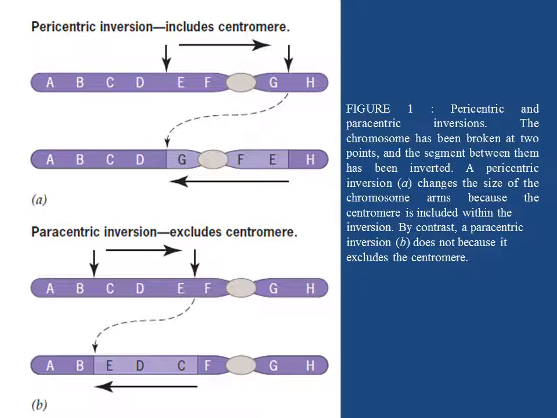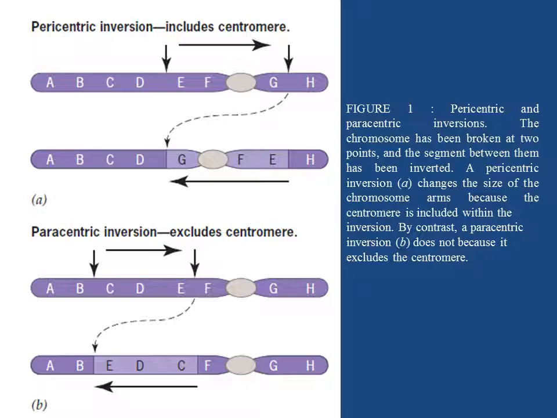And now the rearranged chromosome will be read as A, B, C, D, G, F, E, H. So as it involves the centromere region, it is called pericentric inversion.